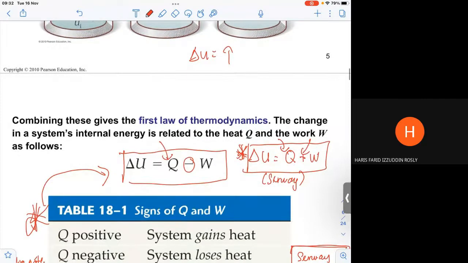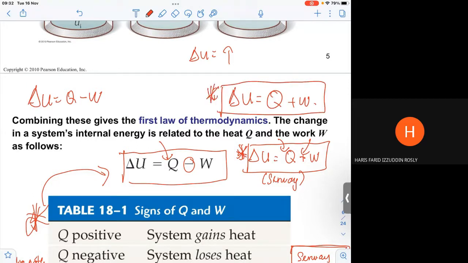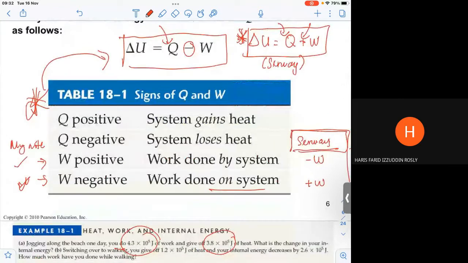According to my notes, delta U equals Q minus W. But according to the survey textbook, delta U equals Q plus W. So you need to use delta U equals Q plus W. The difference is here. The work done by the system is negative W. The work done on the system is positive W. How can you differentiate between work done by and work done on?